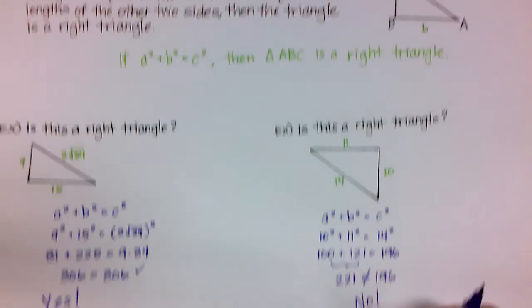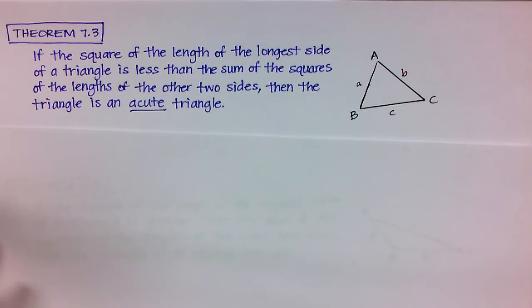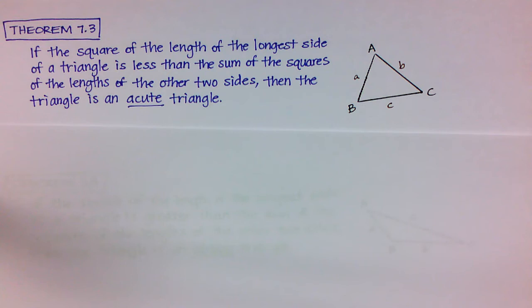Okay, so let's move on. Theorem 7.3 tells us that if the square of the length of the longest side of a triangle is less than the sum of the squares of the lengths of the other two sides, then the triangle is an acute triangle.